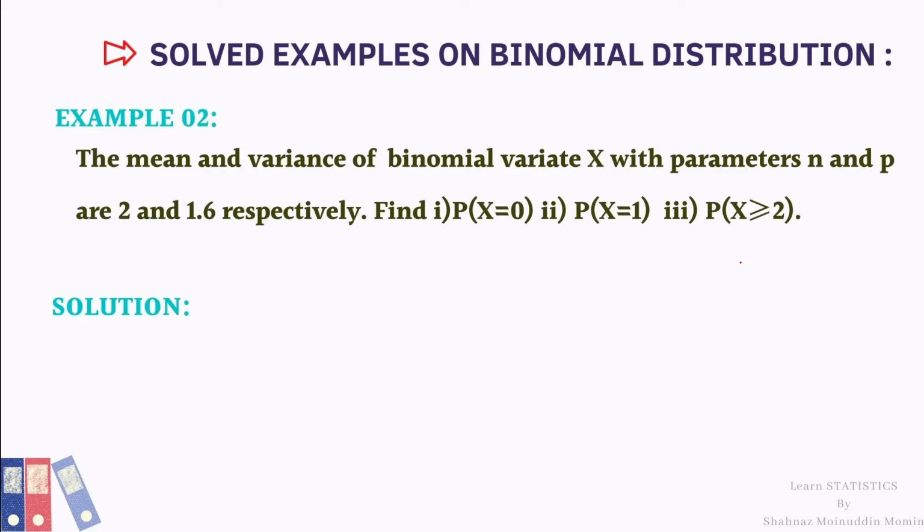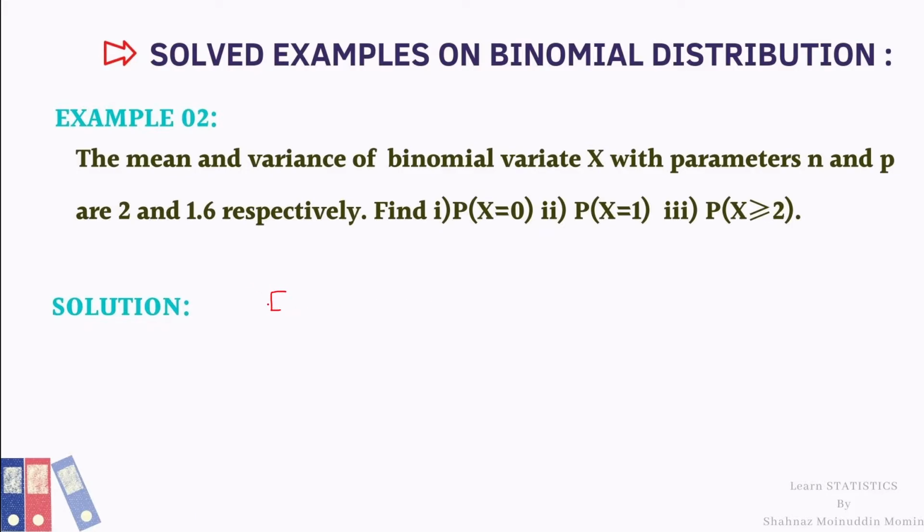From that mean and variance, first of all we have to obtain the parameters n and p, then we obtain the probabilities x equal to 0, x equal to 1 and x greater than or equal to 2. So let us calculate the parameters n and p.